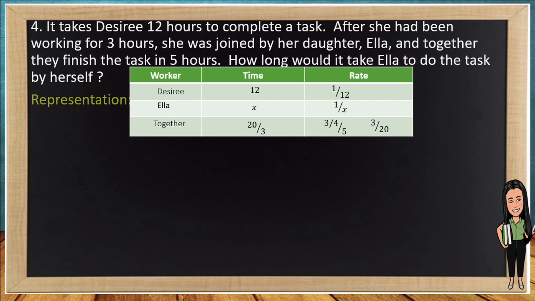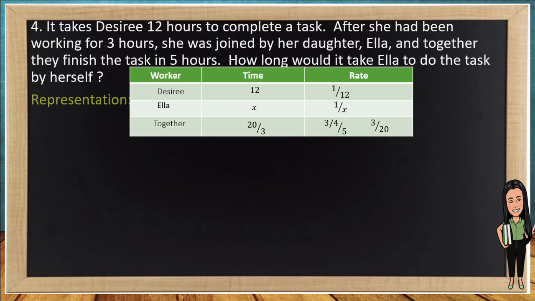Kasi nga, yung 3/20 is the rate of doing the task. Yung 3/4 over 5 kasi, yun yung naging rate dahil yung 3/4 na lang ng task ang ginawa nila for 5 hours and not whole. Kaya hindi pag nakita kay together, yun na agad yung rate nila. Okay? So, we have to consider na yung ginawa nila together is not the whole task anymore.